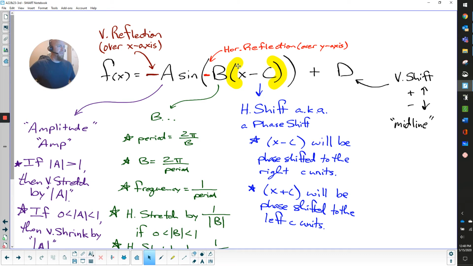The b has to be factored out of that interior expression, and it's always easier to find phase shift if that's done already. But if it's not, as I've noticed in a lot of the Khan Academy problems, you need to factor that common value out. I'll get to some examples of that probably in another video.